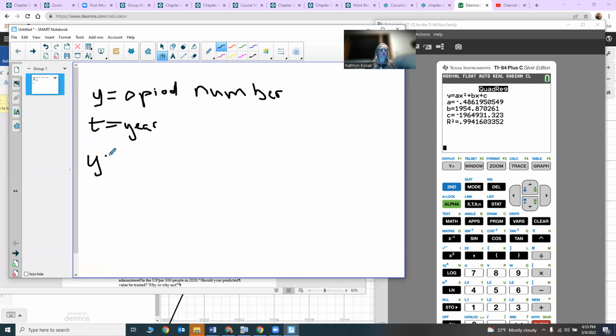And then I can go ahead and write this. My y is equal to, my A is negative 0.486, sorry, I'll round it off to 6. And then it's going to be x squared. So if you forgot what your model is, it actually writes it right up here.